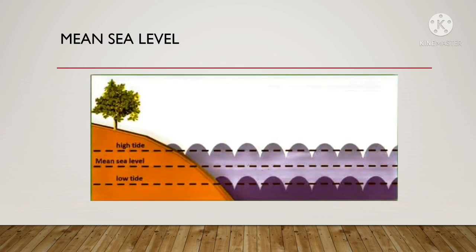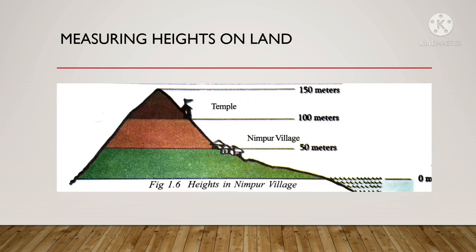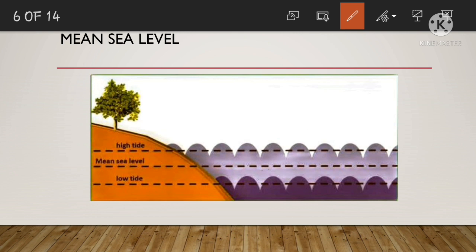These are high tides, these are low tides. The average of high tides and low tides is mean sea level.